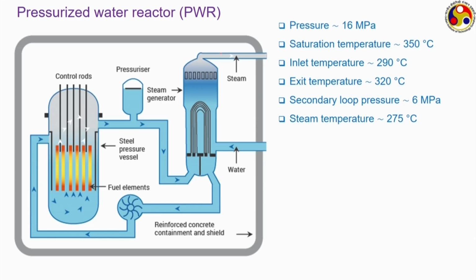So, the steam coming out through this particular point will have a temperature around 275 degrees Celsius and a pressure of 6 megapascal. Because the temperature of water entering the steam generator is of the level of 320 degrees Celsius, a reasonable temperature difference can be obtained across the heat exchanging surfaces here.